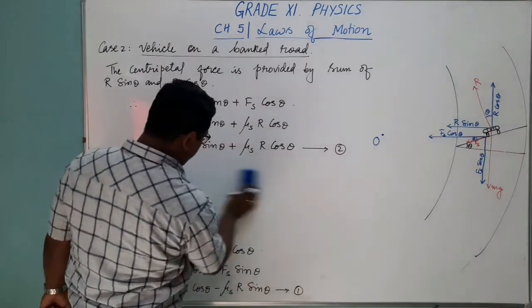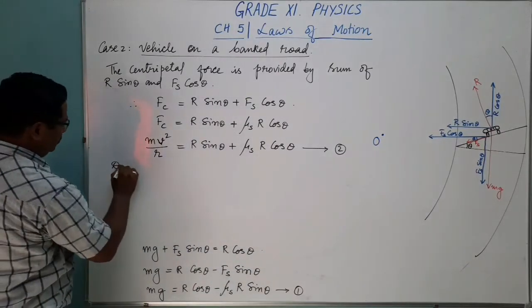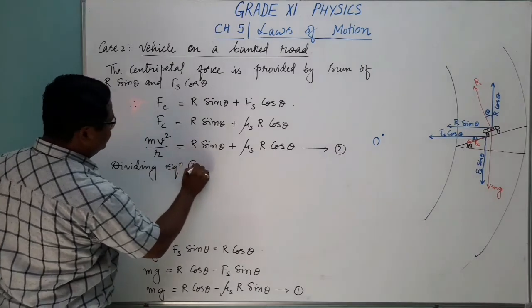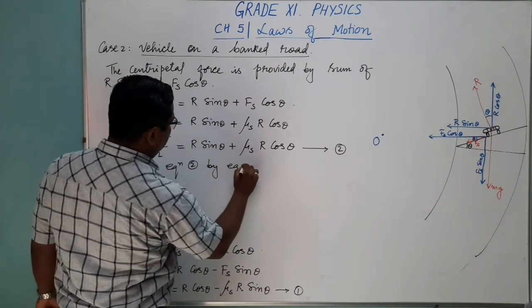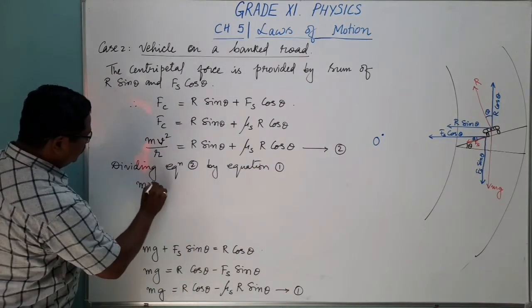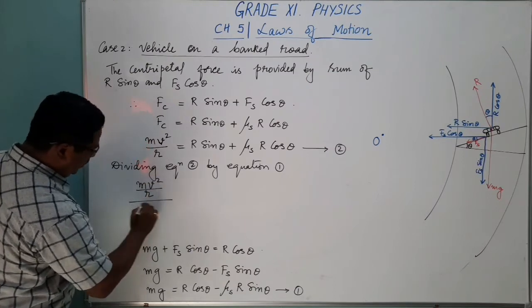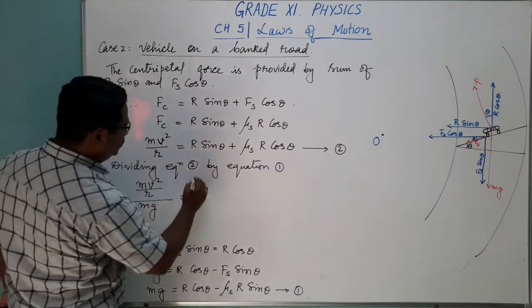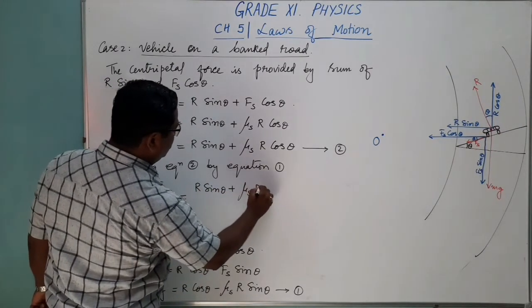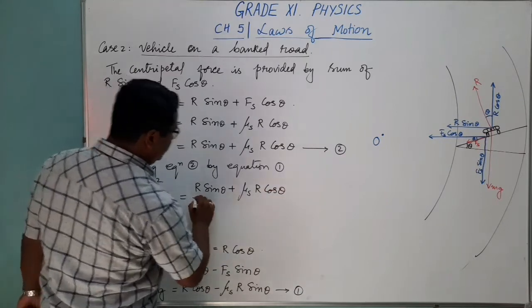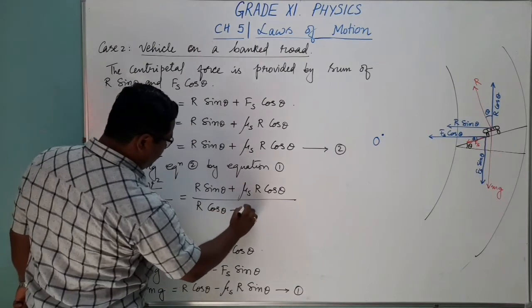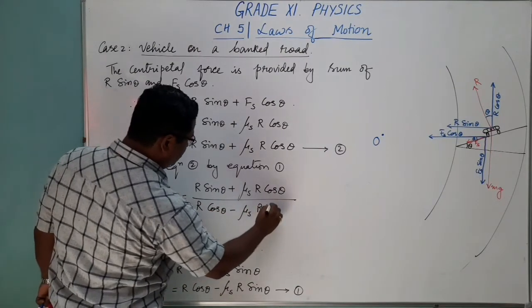Dividing equation 2 by equation 1, you'll get mv square divided by r, you're dividing by mg, is equal to r sin theta plus mu s r cos theta divided by r cos theta minus mu s r sin theta.